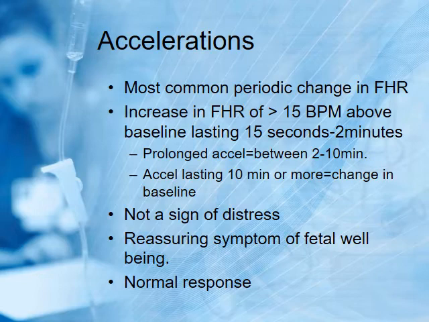To be called an acceleration, the heartbeat has to increase 15 beats per minute above the baseline, and it must last at least 15 seconds, up to 2 minutes. Prolonged accelerations will last 2 to 10 minutes. An acceleration lasting 10 minutes or more, you basically just changed the baseline.